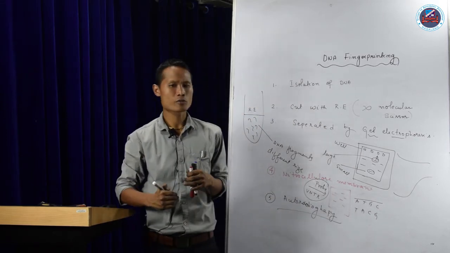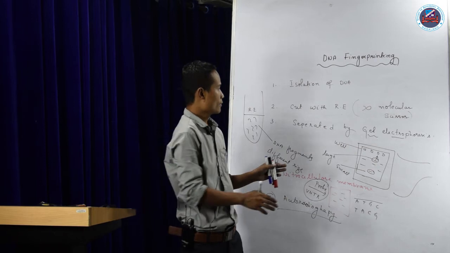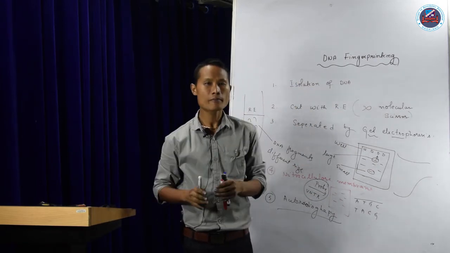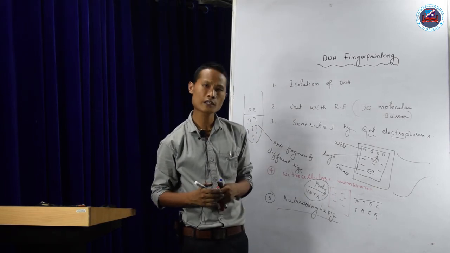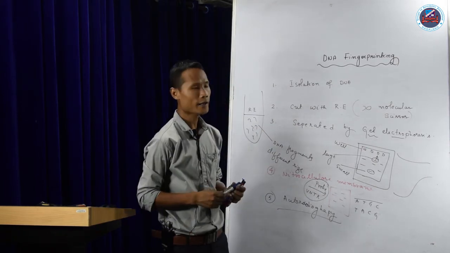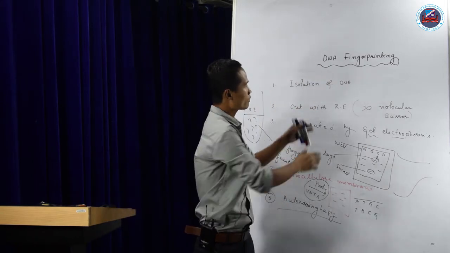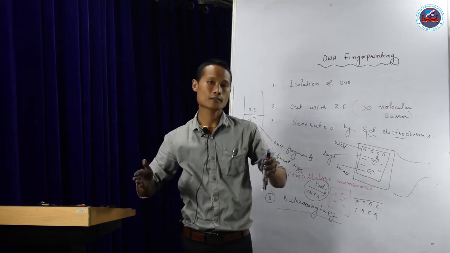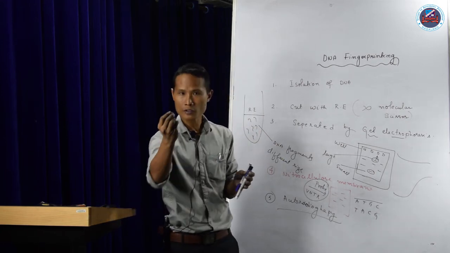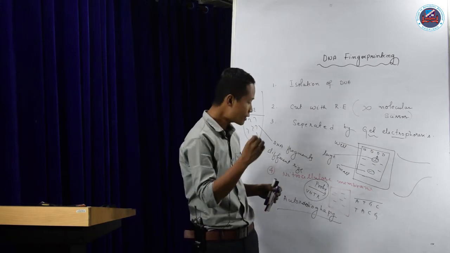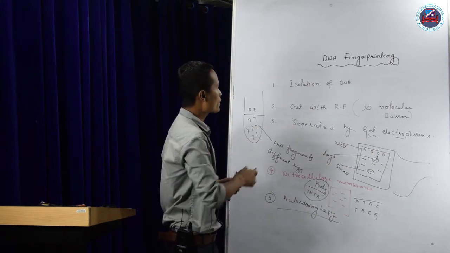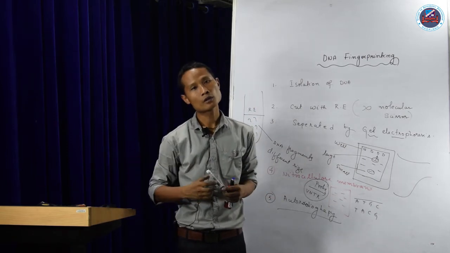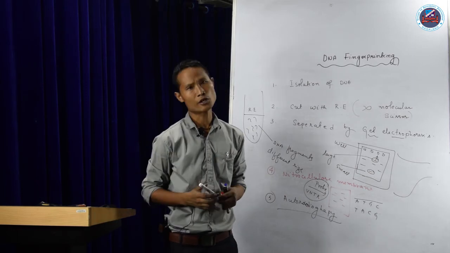Now if I take my chromosome and perform DNA fingerprinting, obviously I will observe different bands because I have different sequences of DNA. If I take your DNA and proceed with the same steps, then I will see a different band because your sequence is different, right? In that way, we are able to differentiate the sequences of DNA for different individuals.